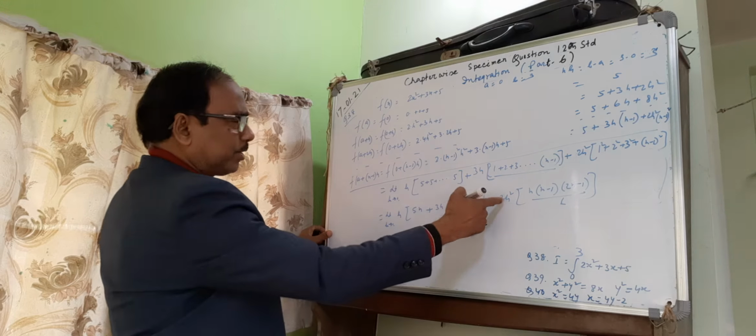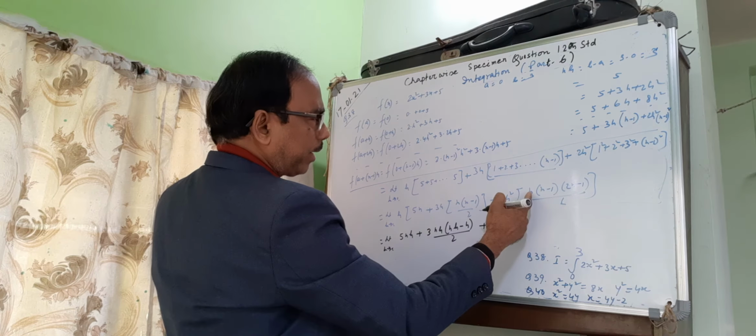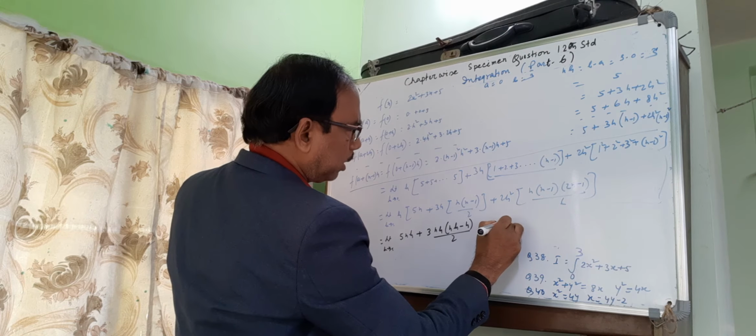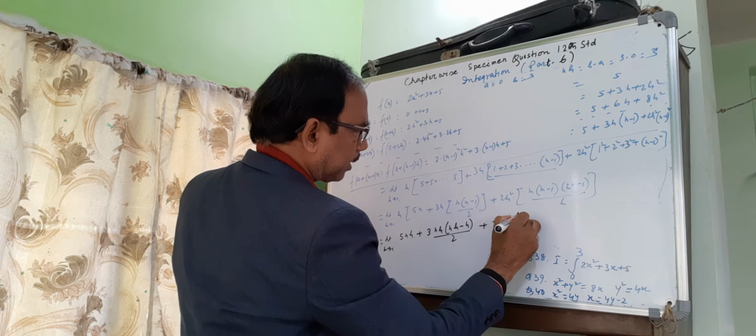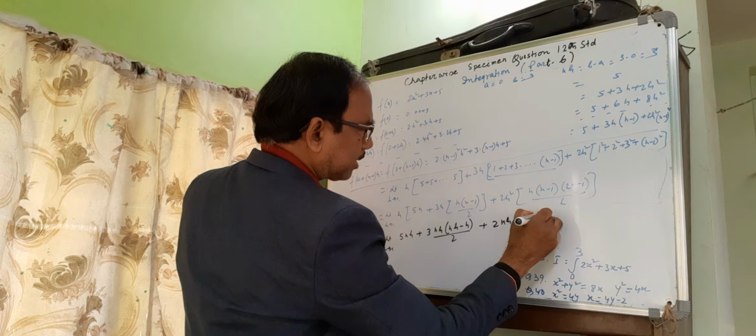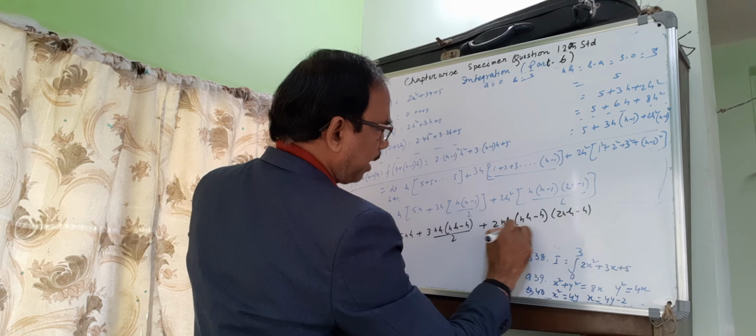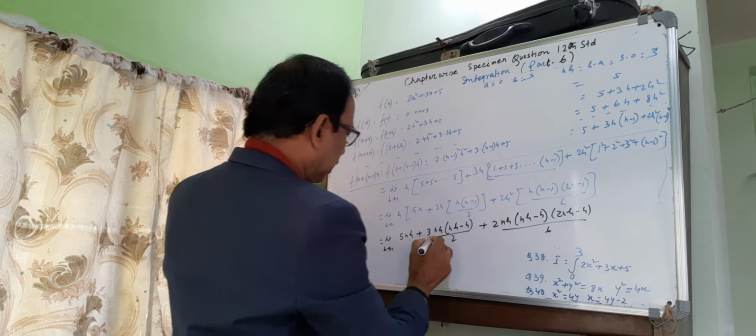Here h and h square, h cube, that is 2 nh, minus h, 2nh minus h by 6.